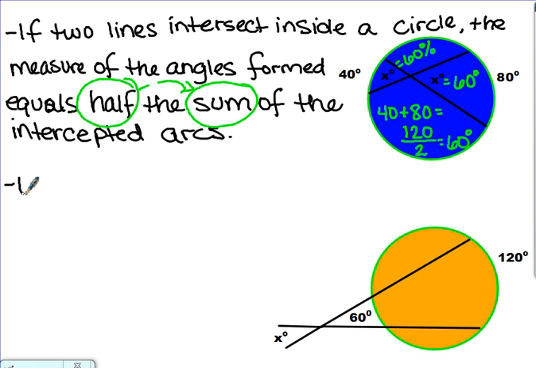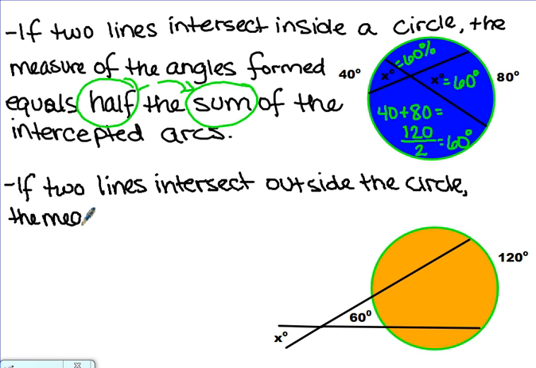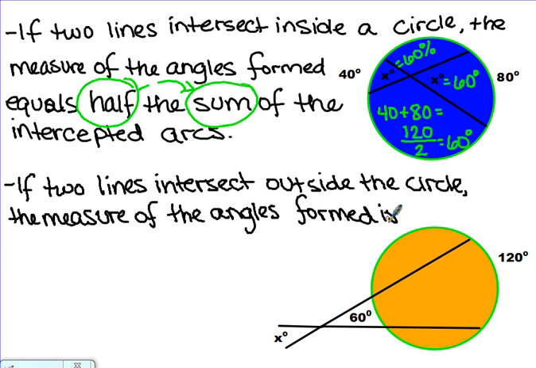If two lines intersect outside the circle, the measure of the angles formed is half the difference of the intersected arcs.